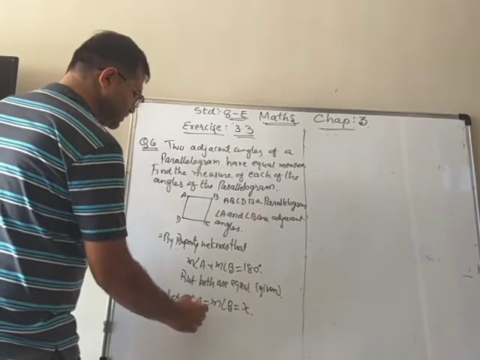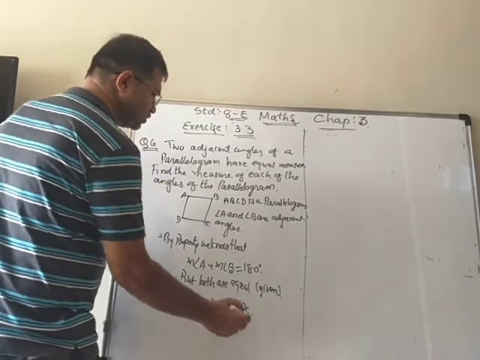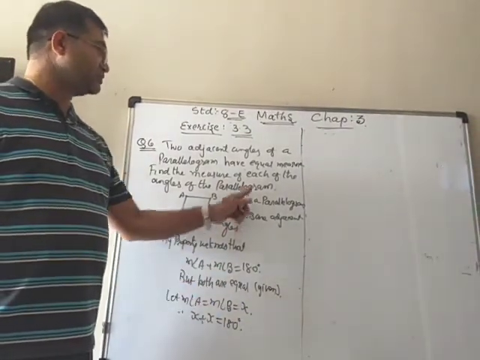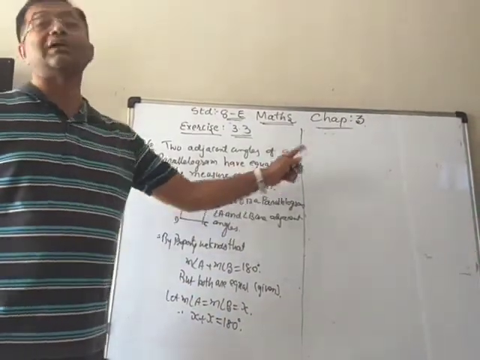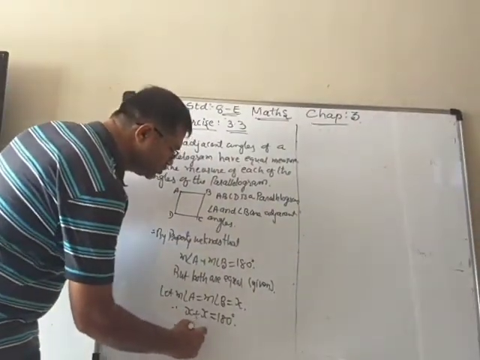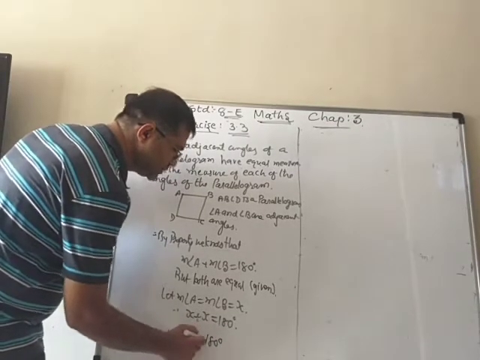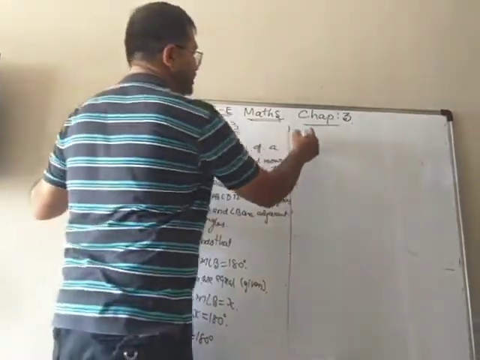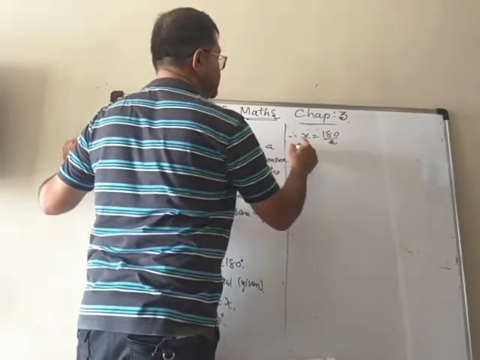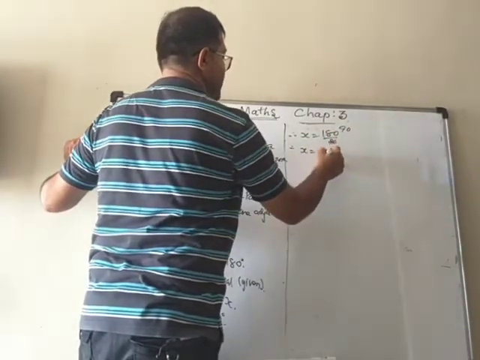So we can say that x plus x is equal to 180, because measure angle A is also x, B is also x, because they are given that they have equal measures. Therefore, 2x is equal to 180 degree. So, therefore, x is equal to 180 divided by 2. So, we can say that it is 90 degree.